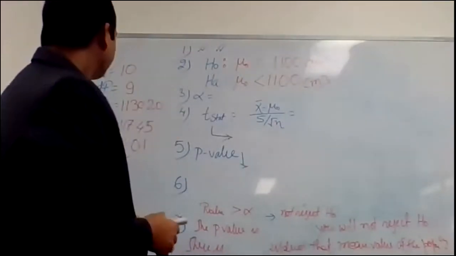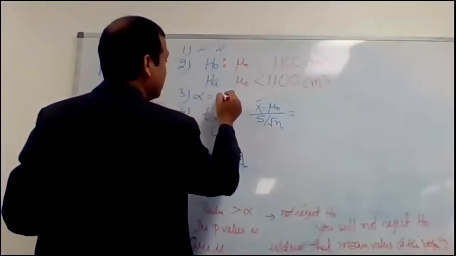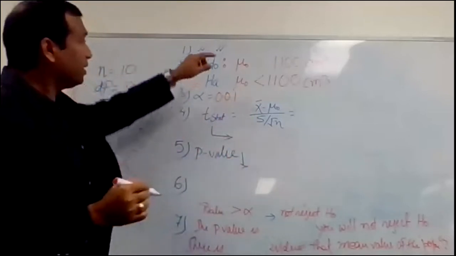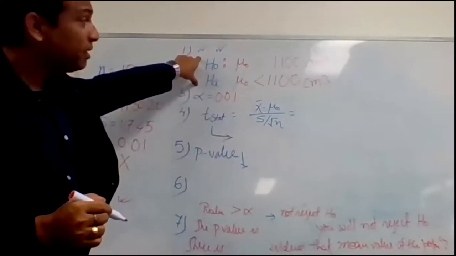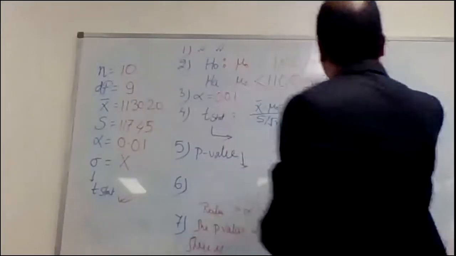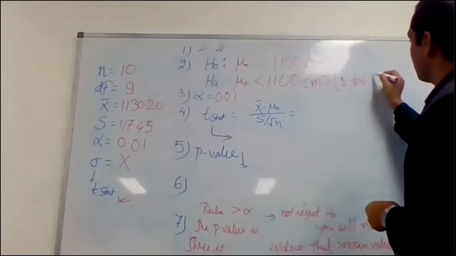What is the alpha value? It is given as 0.01. Are the alternative hypothesis and null hypothesis clear to everyone? Over here I can write that this is a one-tail test, not a two-tail test.